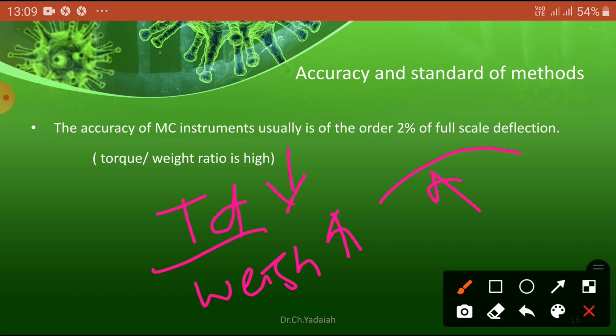So instead of showing the original value, for example 9, it is showing only 8.8999. So this is an error. That means due to the torque by weight ratio, weight increases and deflecting torque decreases.